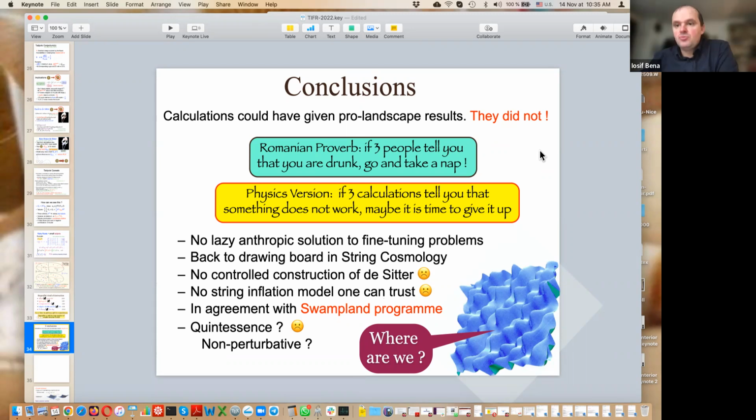By the way, let me just say why it's so hard to do. Let me now say what is the central drawback of KKLT. It's none of what you've said, Iosif, with all due respect. It's the following. There is not a parametric control on this class of compactifications. Without parametric control, it becomes very hard to say if I was claiming some parameter is small enough to control an effect to be really sure.